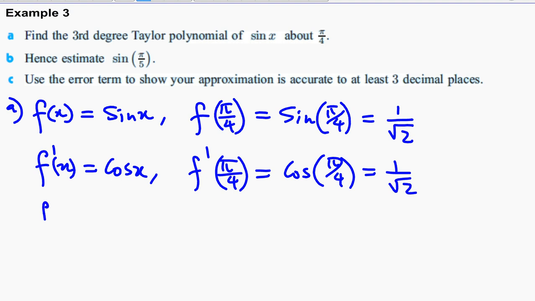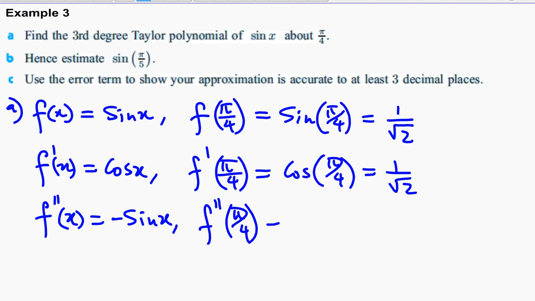The second derivative of this function will be negative sine x, and at x equals pi over 4, that will be negative sine pi over 4, which will be equal to negative 1 over root 2.